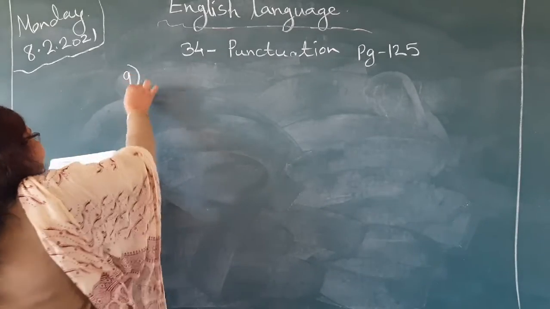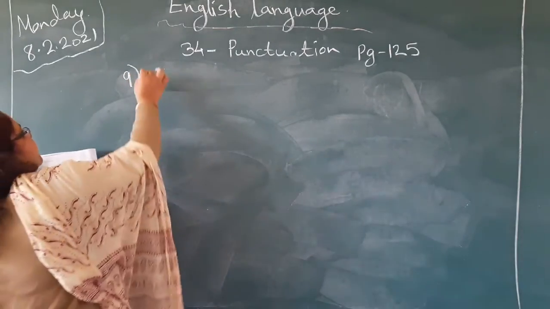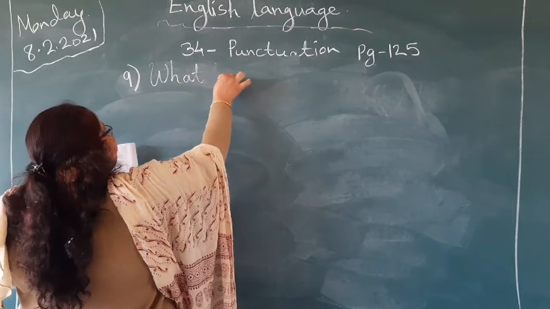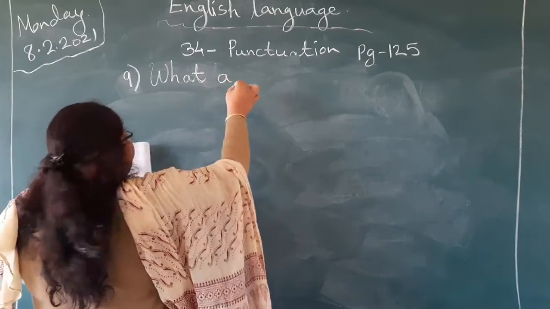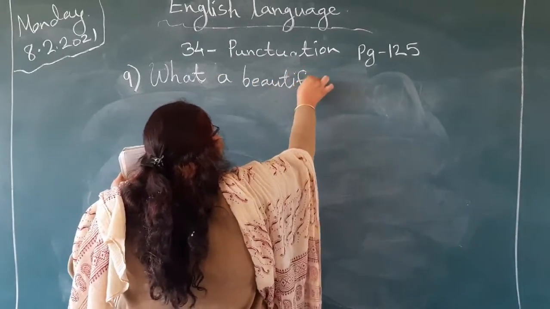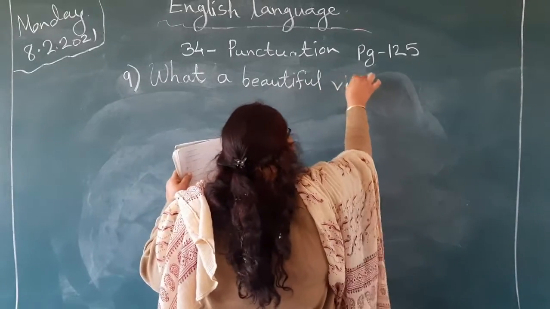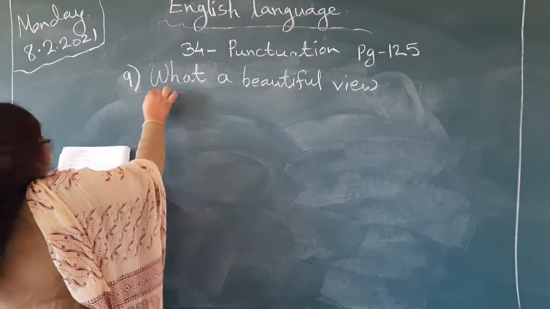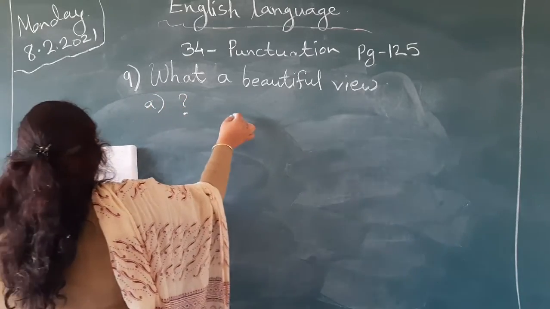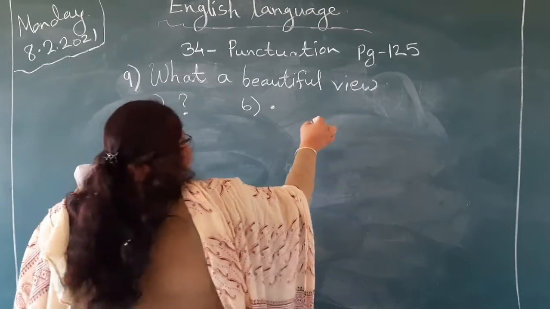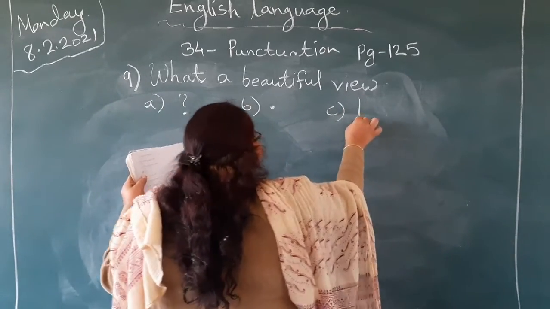So starting with number 9. What is the sentence? What a beautiful view. Second is your full stop, and third is exclamation sign.